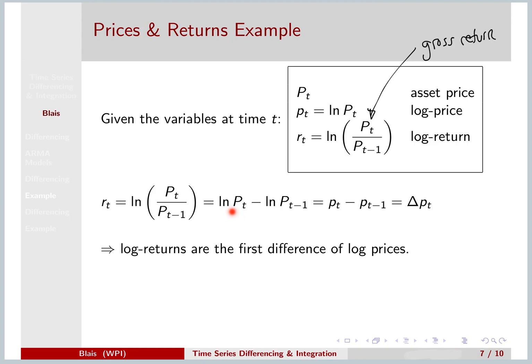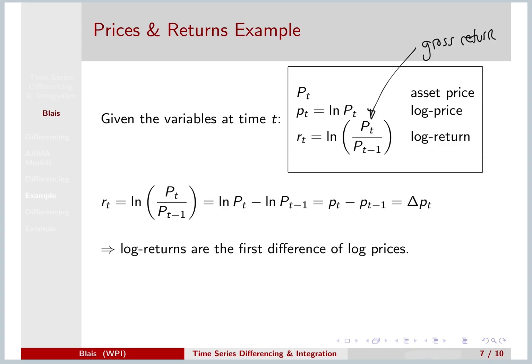So this is little p_t, and this is little p_{t-1}. And we then see that that is nothing more than taking the difference of those log prices. So a time series for log returns is a difference, or here we're saying a first difference, of the time series for log prices.